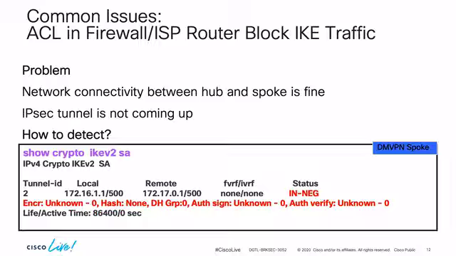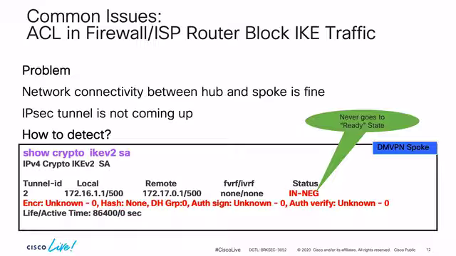If you look at commands like show crypto IKEv2 SA, it looks like the IKE traffic is getting dropped somewhere. The thing you need to watch out for in the show crypto IKEv2 SA output is a status which says IN-NEG, or in negotiation, and it never goes to the READY state.